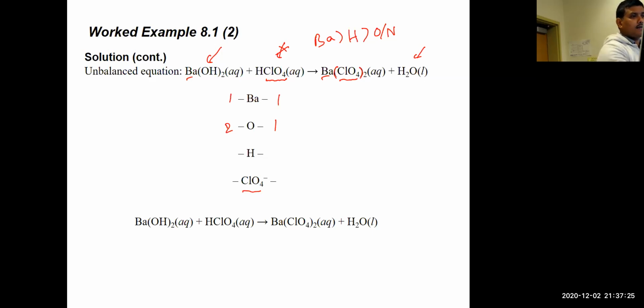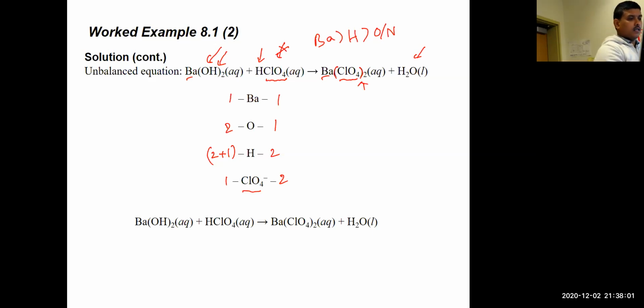And hydrogens, I find 2 hydrogens in here, and I find 1 hydrogen in here, 2 plus 1. And on the right side, I only find 1 set of hydrogens in water. I do not find any hydrogen in barium perchlorate. And ClO4, there is 1 here, 2 here, because of the subscript to the bracket. Okay.